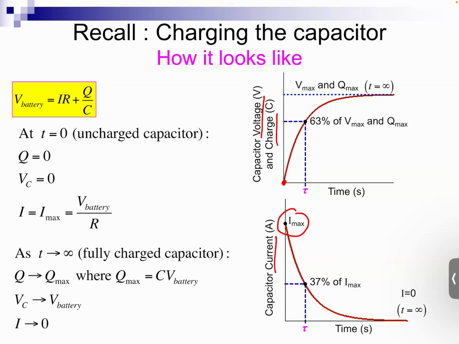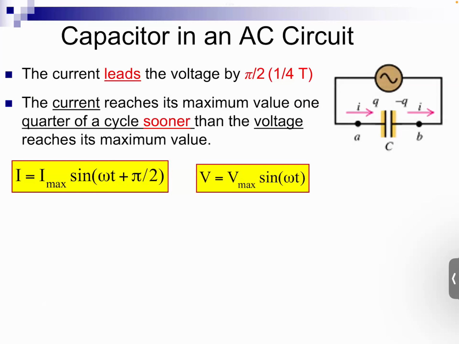As your capacitor charges up, the voltage increases, but the current decreases. In other words, in a capacitor, you have maximum current first and 0 voltage. Okay, so if we look at the capacitor connected to an AC circuit, it then makes sense that the current should lead the voltage.